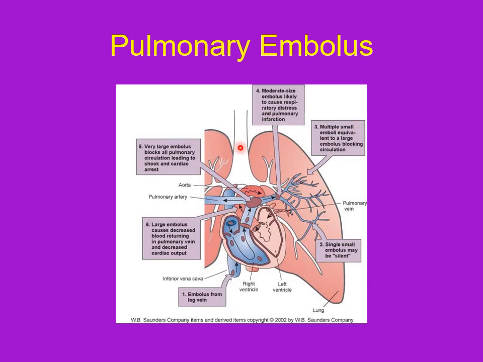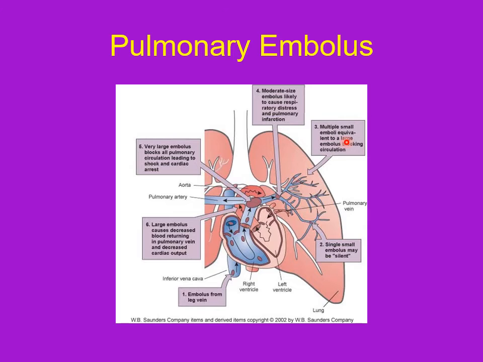So this picture here is showing you an embolus from a leg vein coming up through the vena cava, and the passageways are fairly large from this point on into the right atrium, right ventricle. Then you get into the pulmonary circulation, and a single embolus may be silent, may not affect a large enough area.